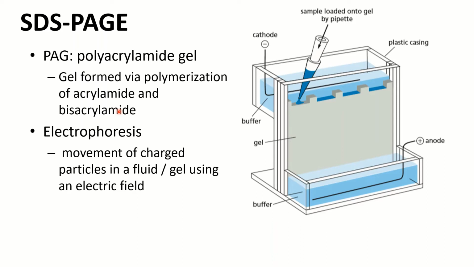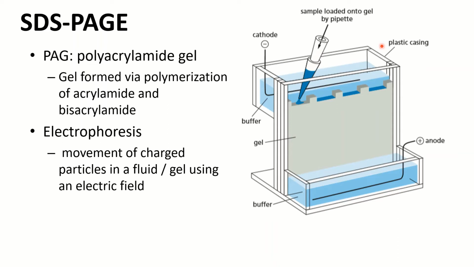And then electrophoresis, of course, is the process by which we use charges to move particles through a medium. In this case, our medium is the polyacrylamide gel, and our particles would be the protein particles.